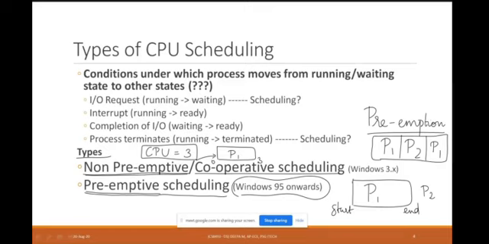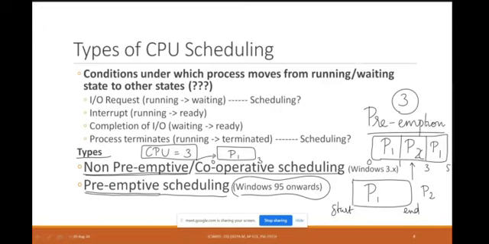But in this case, say the same process, I have a CPU time of 3 seconds. Say I have 0 to 1, I have executed my process P1. After that, I can execute some other process, say PX, and again come back to the process P1 at a later point of time. That is called preemptive scheduling.